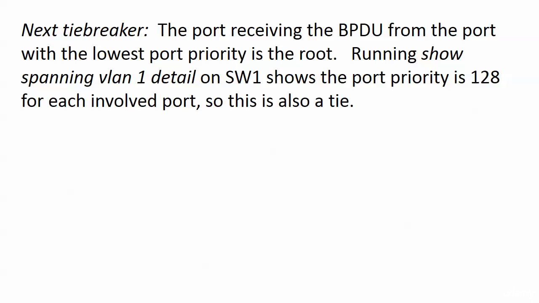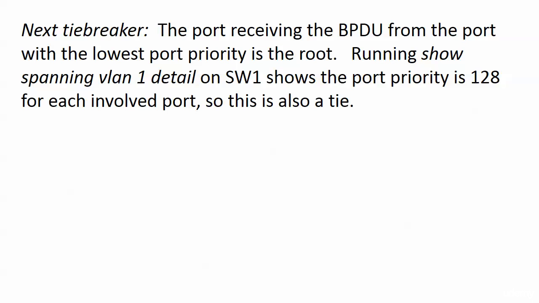The next tiebreaker: the port receiving the BPDU from the port with the lowest port priority is the root port. I know you want to see this in action because you got the word port in there like 17 times. But right now, switch 2 would choose the port that's receiving the BPDU from the port over on switch 1 that has the lowest port priority.